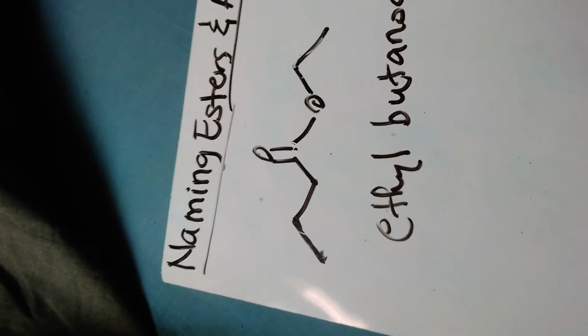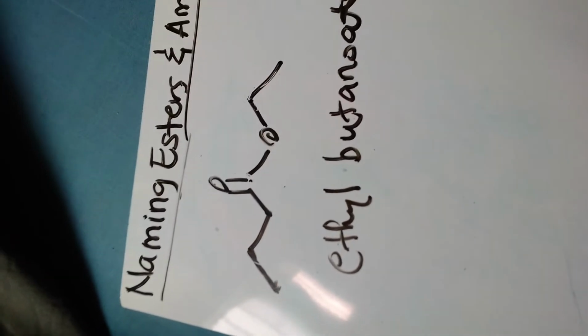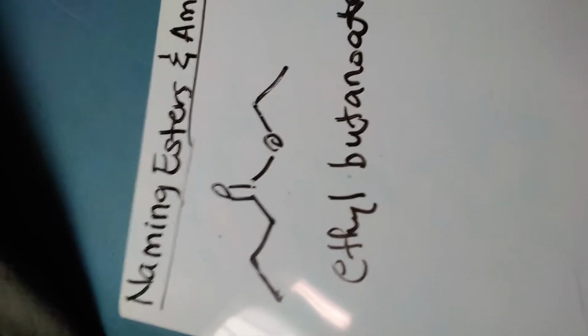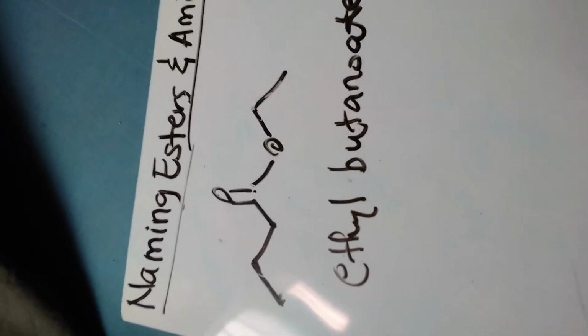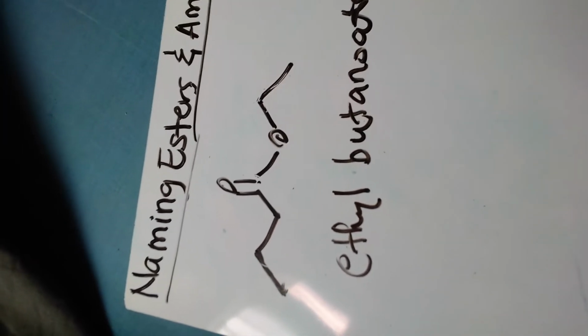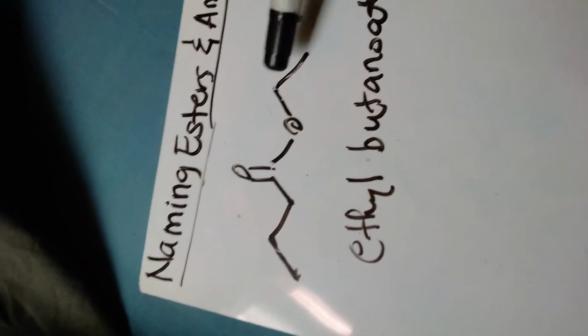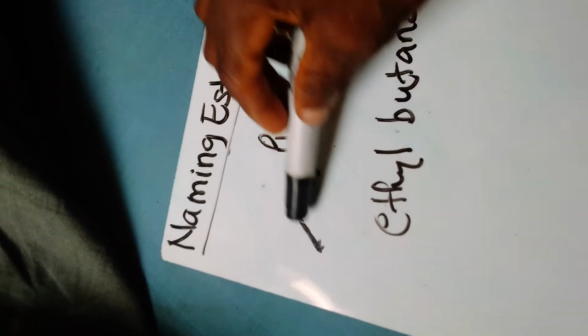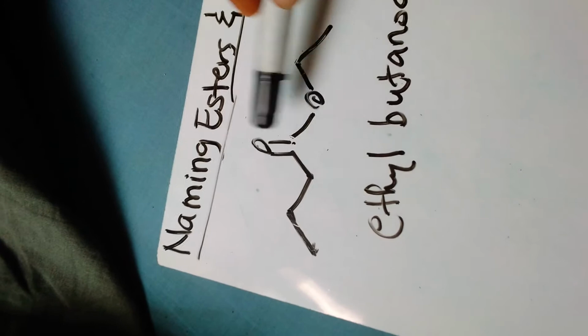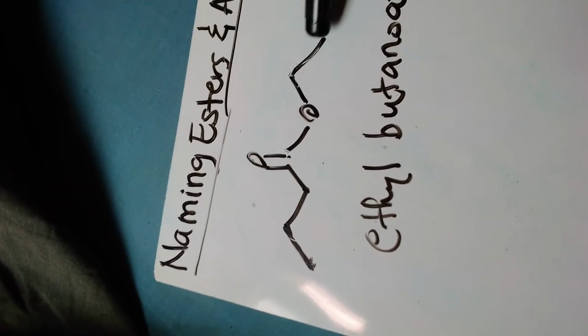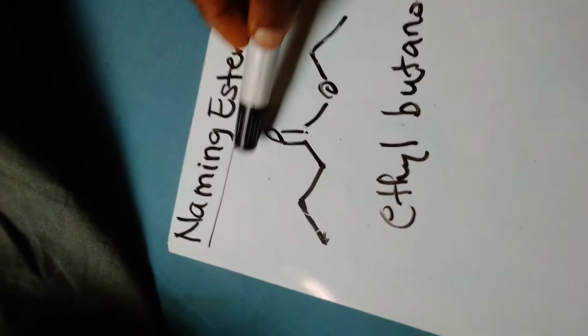So the carboxylic acid portion is named as an alkanoate, whereas the alcohol portion is named as an alkyl. In this case, this side is from ethanol and this side is from butanoic acid. So in naming it, you name it as ethyl butanoate.